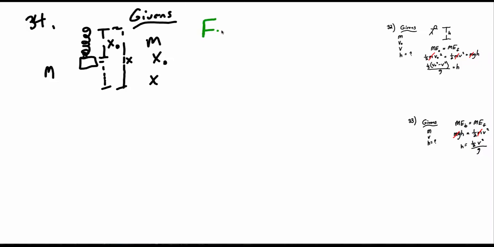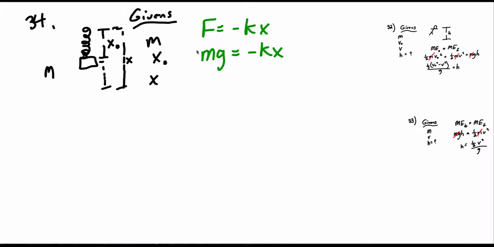F is equal to negative kx, but what's stretching the spring is the weight of the mass. So in this case we have mg is equal to negative kx.